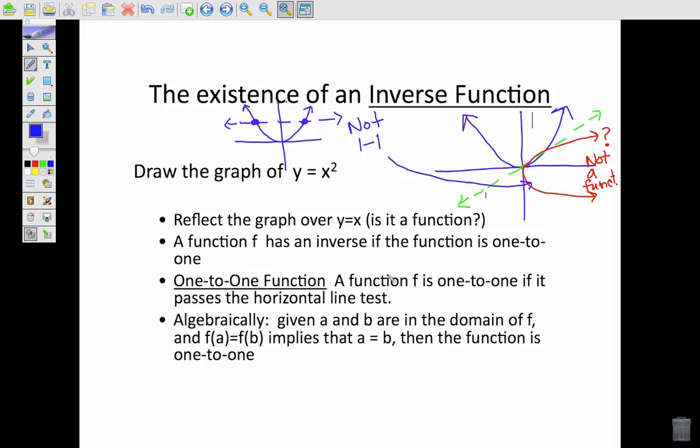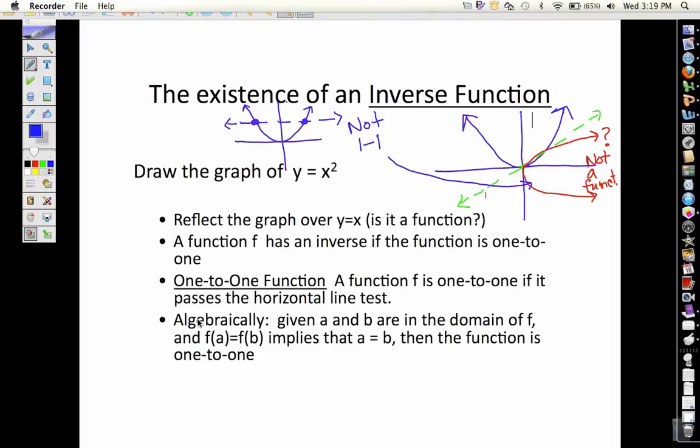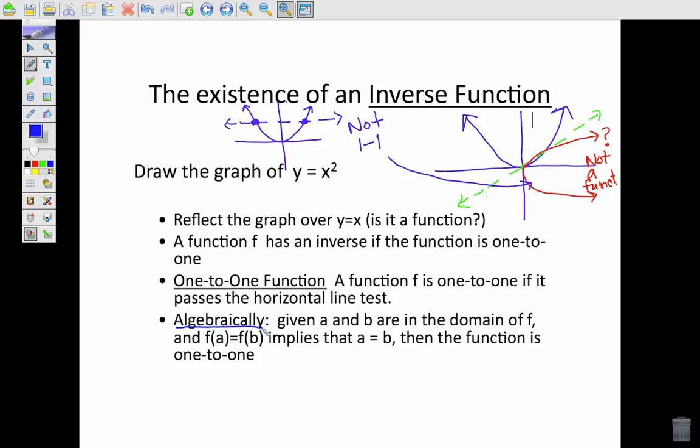Okay? So a one-to-one function is a function f. It is one-to-one if it passes the horizontal line test. If it does not pass the horizontal line test, then you do not have an inverse function. Algebraically, it's trying to tell us that if we do have a function and a and b are two different input values, but yet we find that f of a is equal to f of b, in order for it to be one-to-one, then a has to equal b.